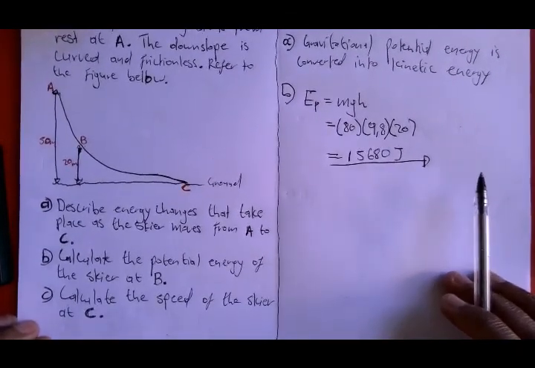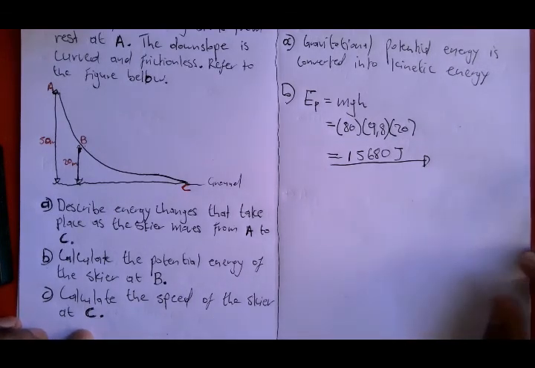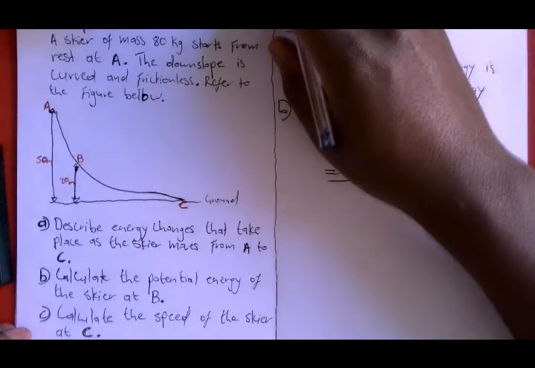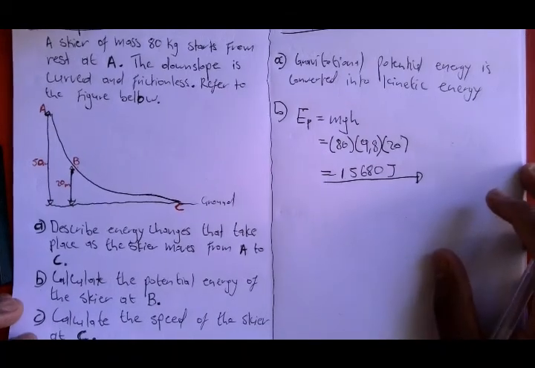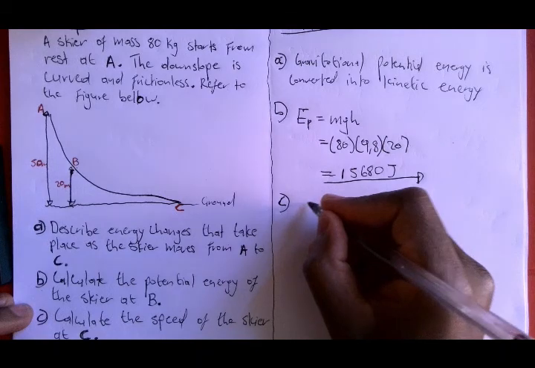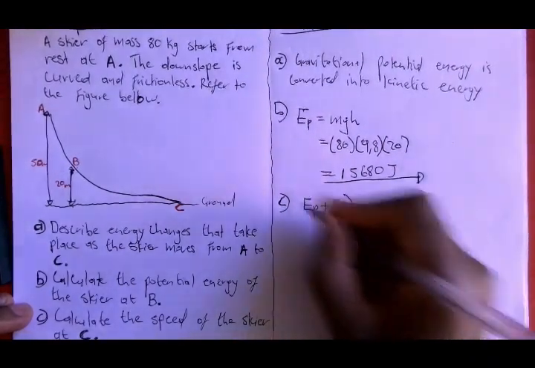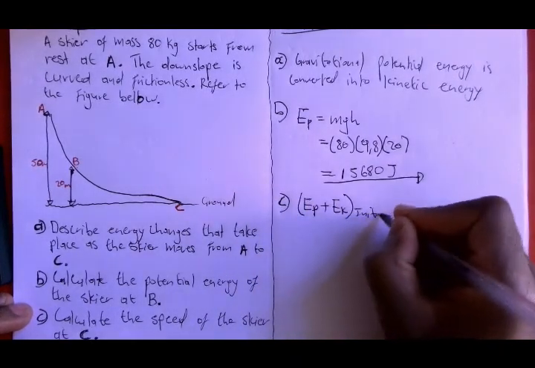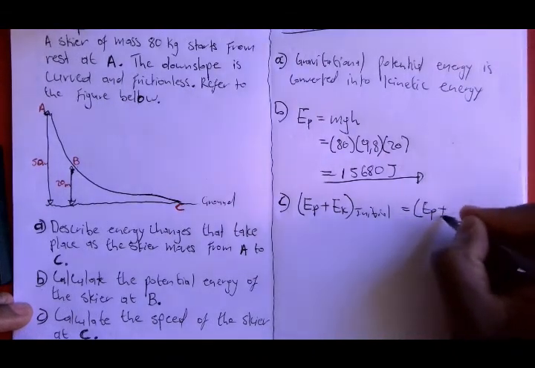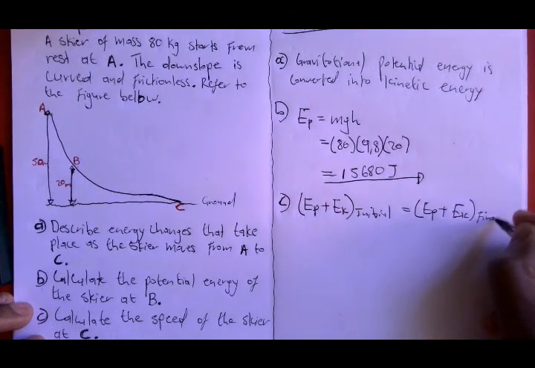For C, we are asked to calculate the speed of the skier at C. And now we can use the principle of conservation of mechanical energy. So we can simply say EP plus EK initial is equal to EP plus EK final.